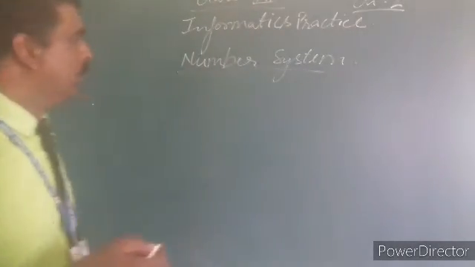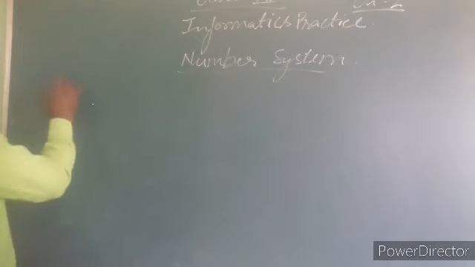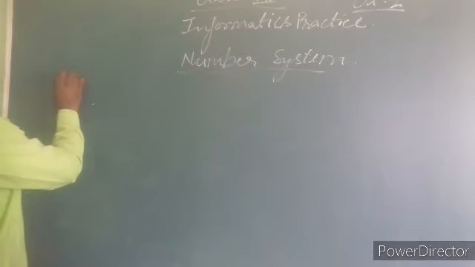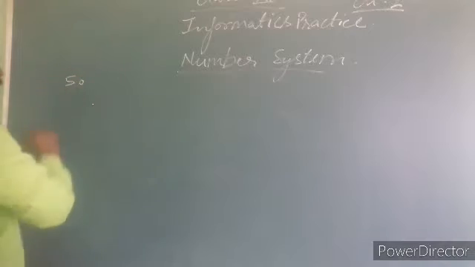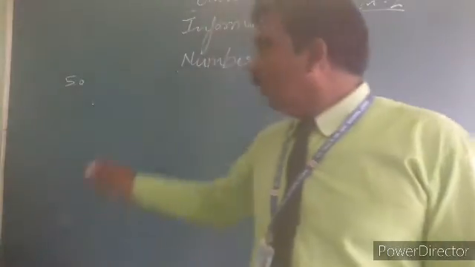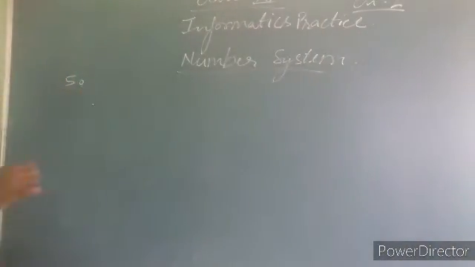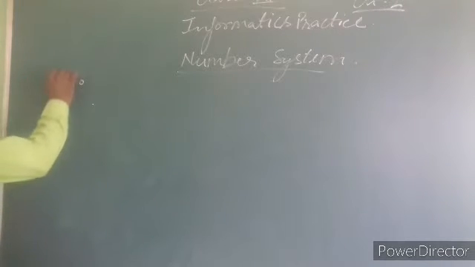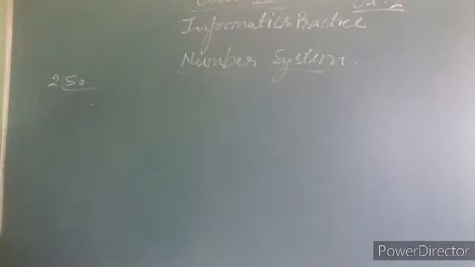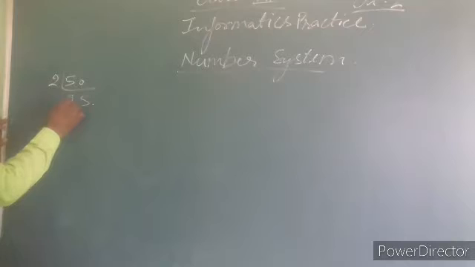So today I am giving you one example here. Suppose one number is 50. If we want to check what the binary number of 50 is, for that we have to divide by 2. 2 2s are 4, remainder is 1.